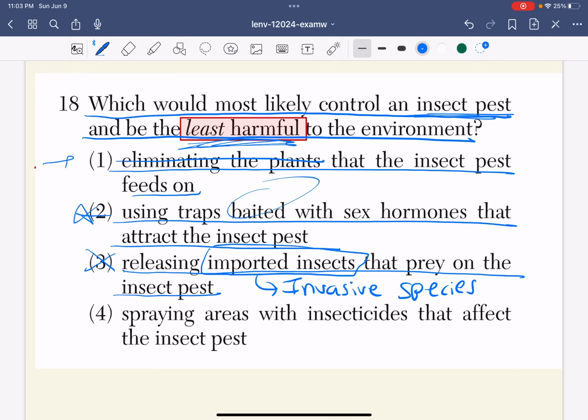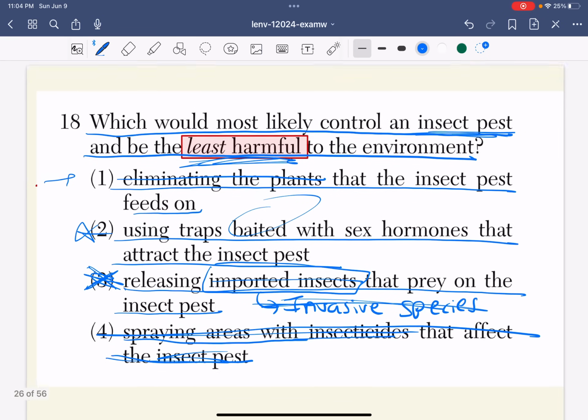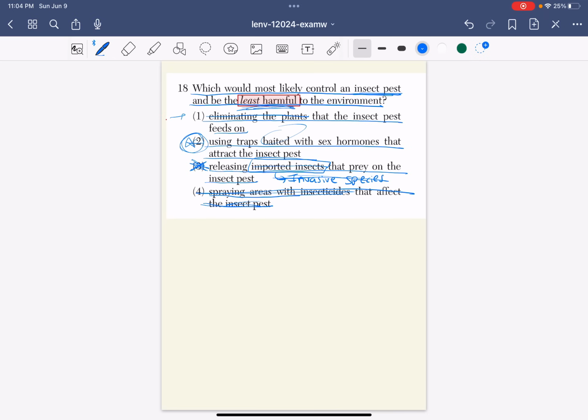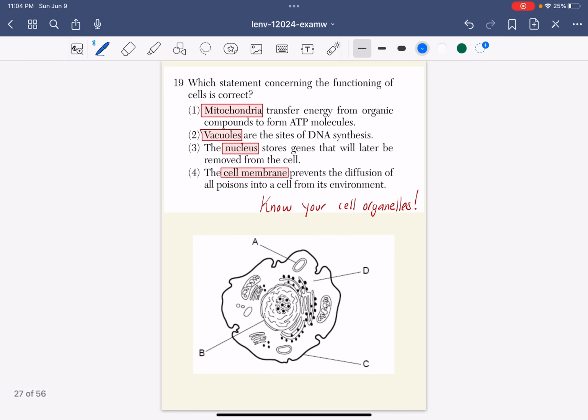It can overproduce and take over the whole area. You cannot bring invasive species into a new ecosystem. So this is actually a really harmful way. Spraying areas with insecticide, absolutely not. That is the worst thing you could do. So the best answer for question 18 is choice 2.